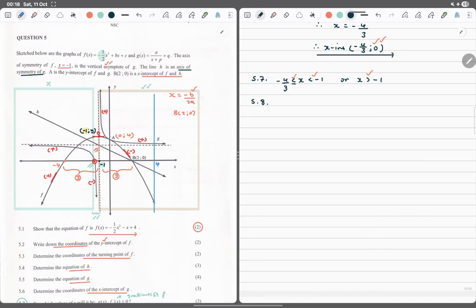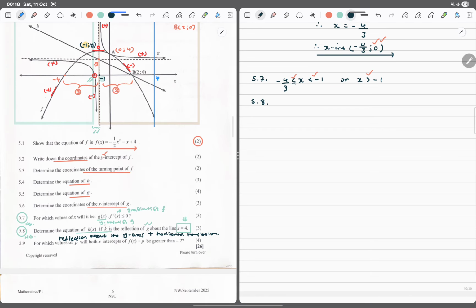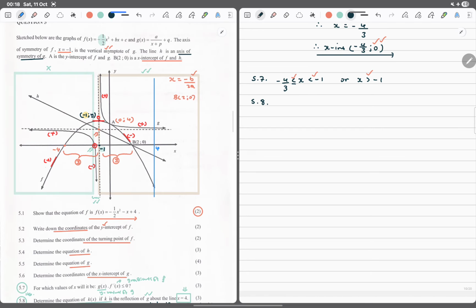Now what are we going to do about it? We know that when we reflect a graph across this line, let's take a point that is identifiable. This could be the x-intercept, or it could be anything that we can identify. For me, the y-intercept is easy to identify, or we can say the center of the graph. But for me, if I want the new graph, I prefer the center.